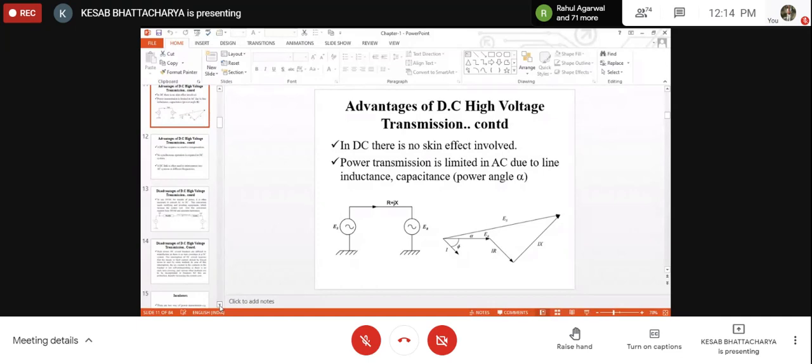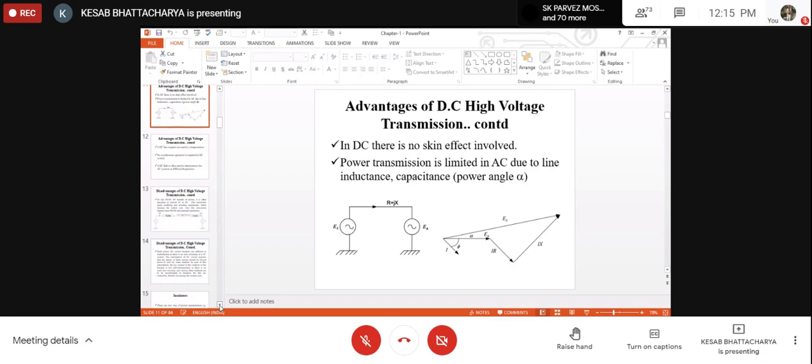Now, another thing, I think you are all used to the term skin effect. What is skin effect? Can anybody say? It is the phenomenon mostly observed in AC transmission when the current flows through the surface, or we can say the periphery of the conductor, and the net current at the core remains zero.